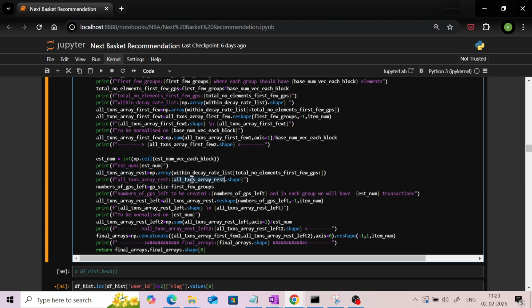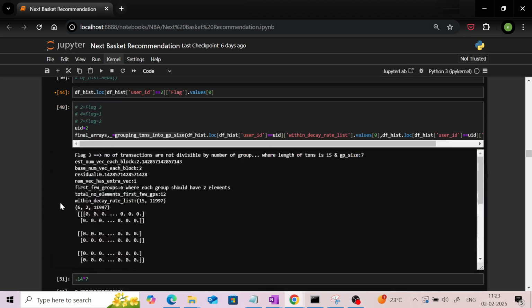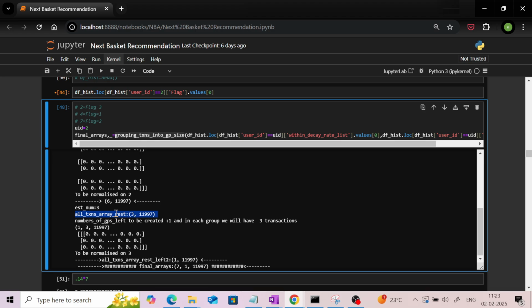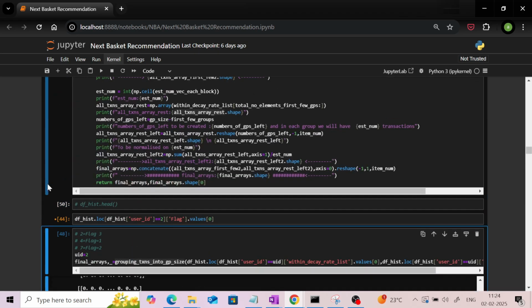The shape of all transactions array rest should be 3 by 11,997. So let's see the output. Yes, it is of length 3, suggesting 3 transactions, and each transaction is of length 11,997.